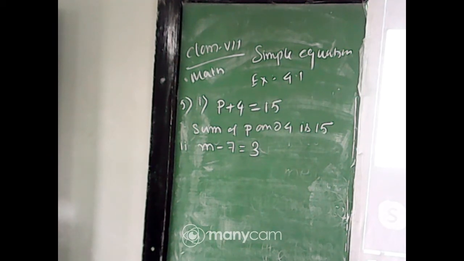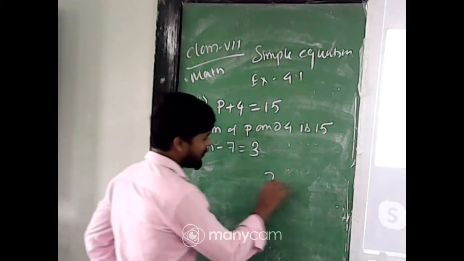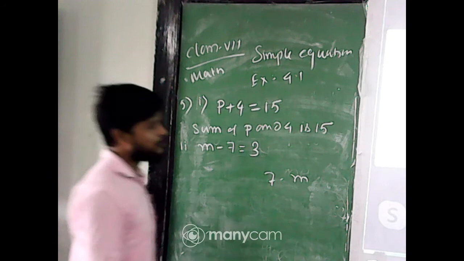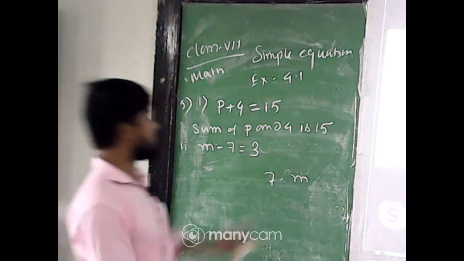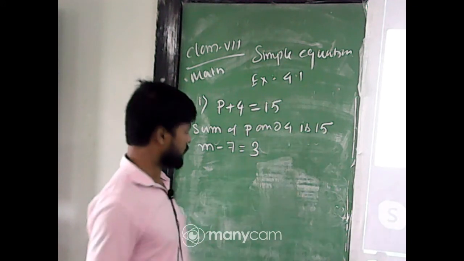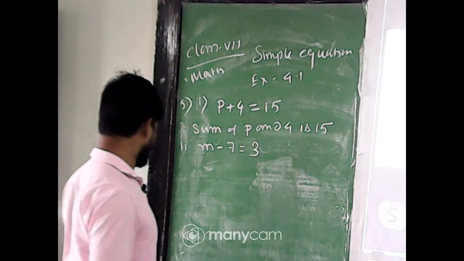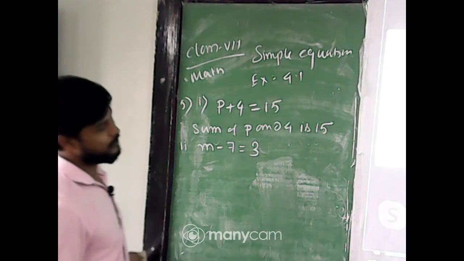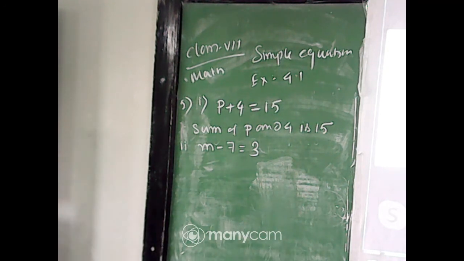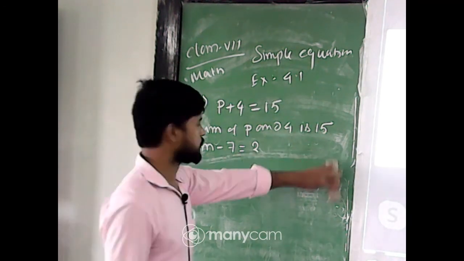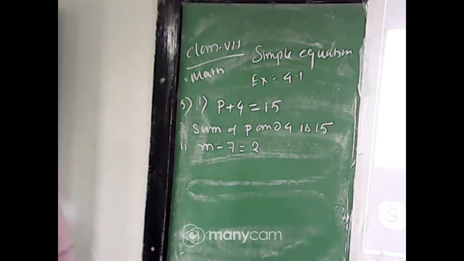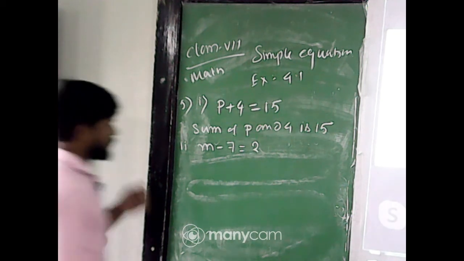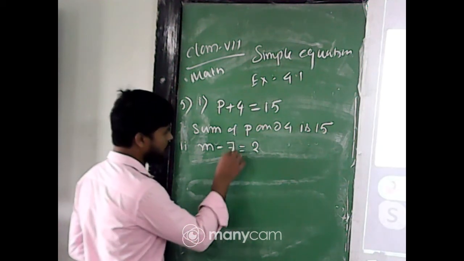M subtracted from 7 means 7 minus m, but it is m minus 7 that is given here. Okay, look, this is m minus 7 is equal to 3.